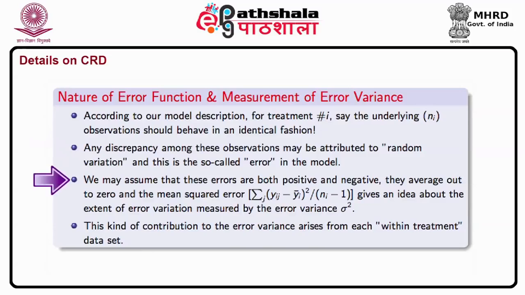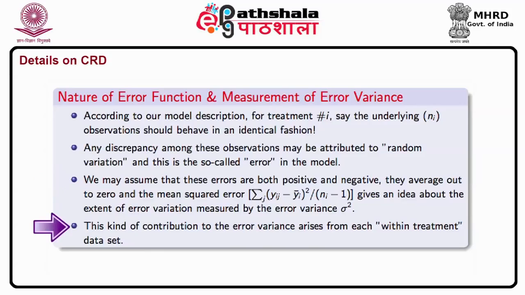We may assume that these errors are both positive and negative. They average out to 0, and the mean squared error, that is sum over j of Yij minus Yi bar square by ni minus 1, gives an idea about the extent of error variation measured by the error variance sigma square.